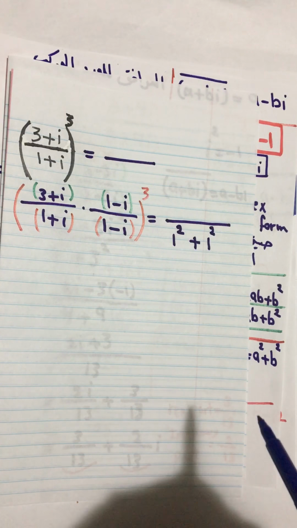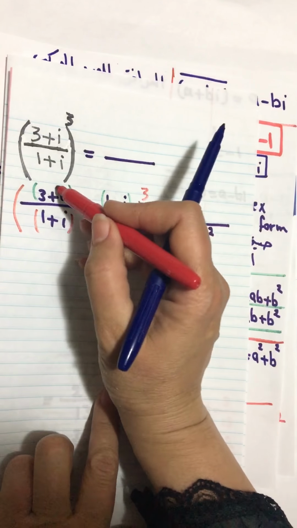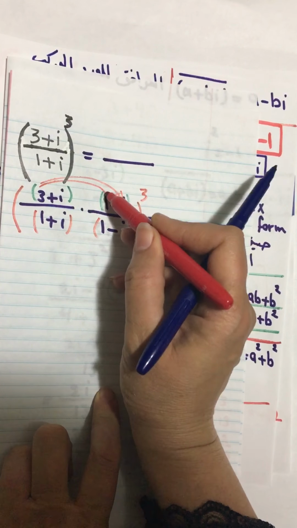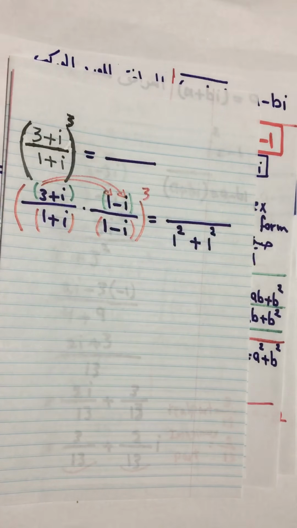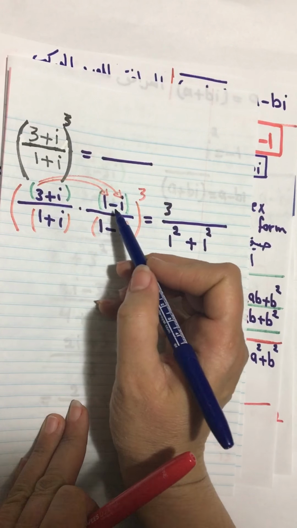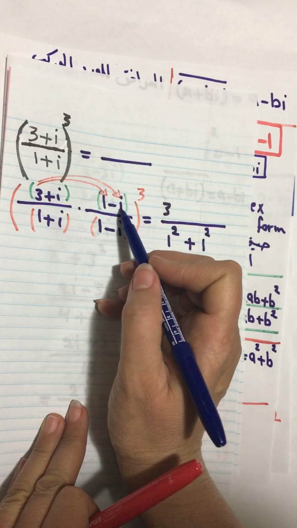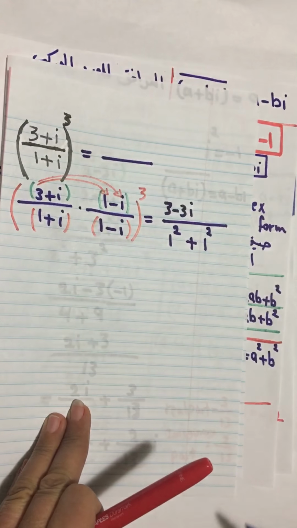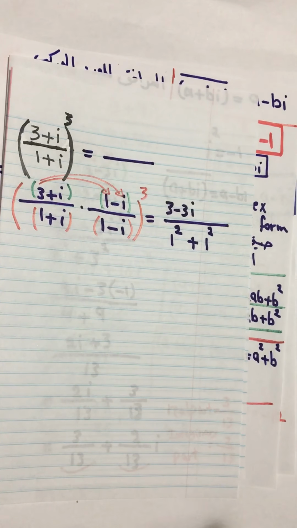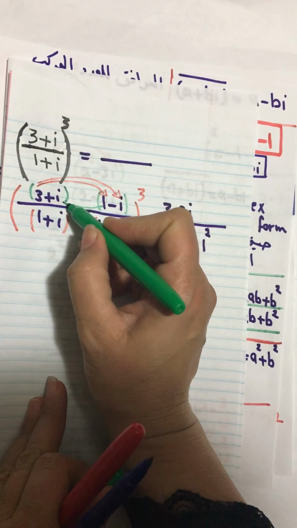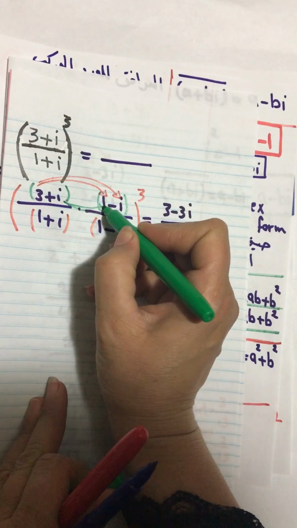I'm going to multiply 3 first by these two numbers. 3 times 1, 3. 3 times minus i, minus 3i. Then I'm going to multiply the second term i by these two.